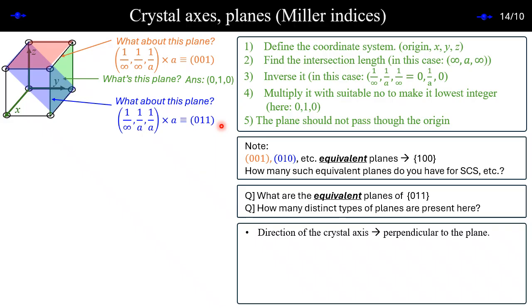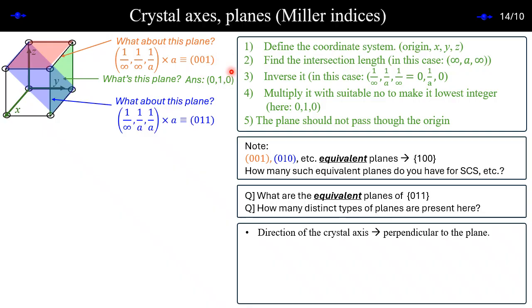Now we have crystal planes. Whenever you have a crystal plane, you can define a crystal direction. Very easy, perpendicular to the plane. That's the crystal direction. So how do you define it with this language?